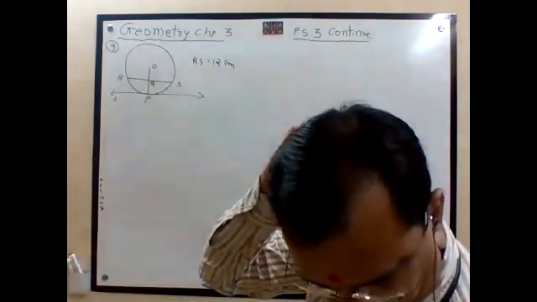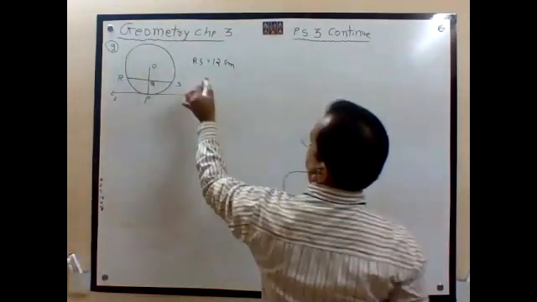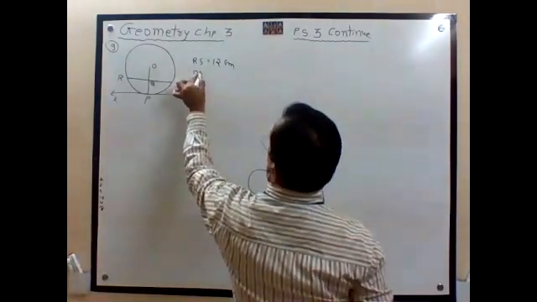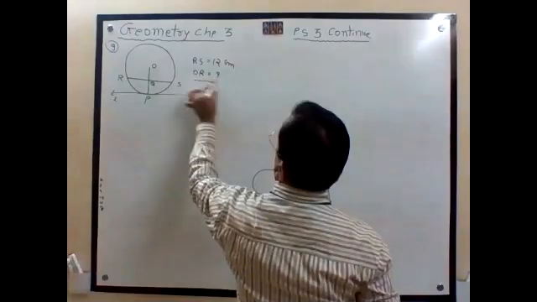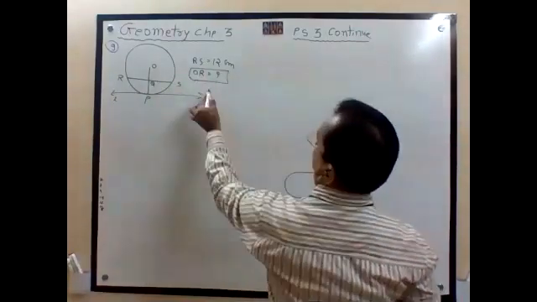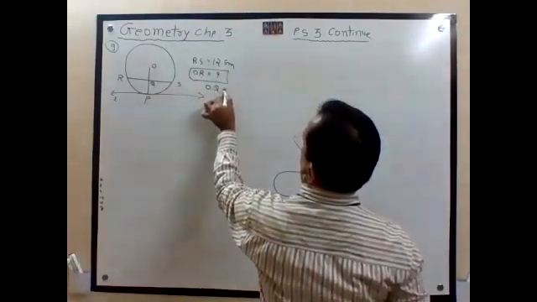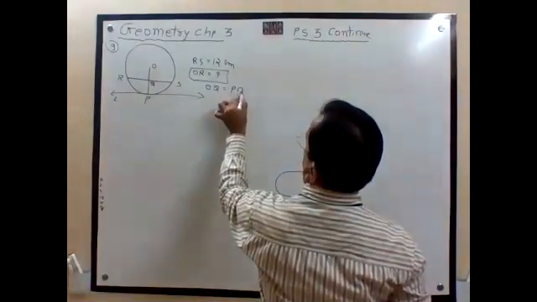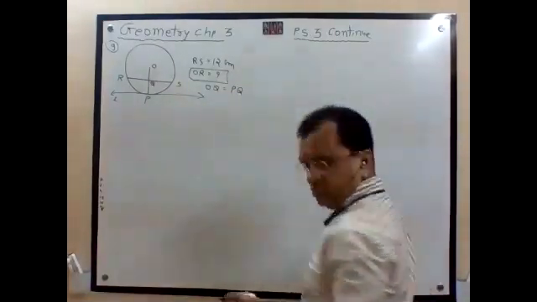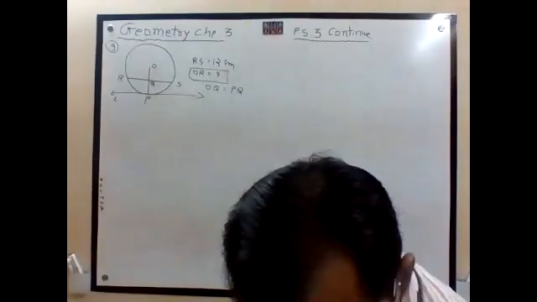We have to find out the radius, means OR is equal to how much? And they have given OQ is equal to PQ. Both are equal.